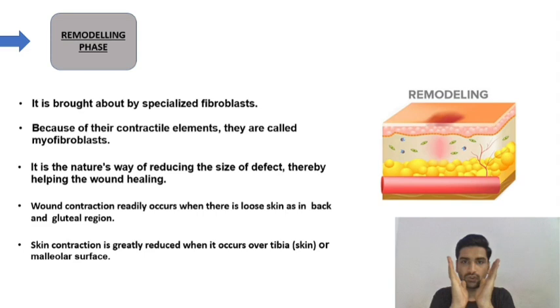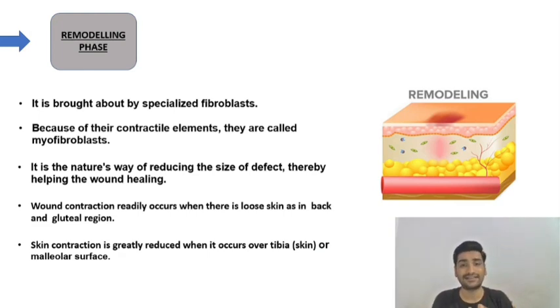If the defect is so big, the body will have to deposit so much content, right? But eventually after deposition of some amount of content, these myofibroblasts will contract. So when they contract, they will reduce the size of the wound. Okay, so it is nature's way of decreasing the size of the wound so that wound healing takes place at a faster rate, right?